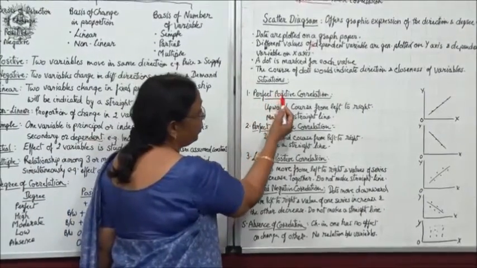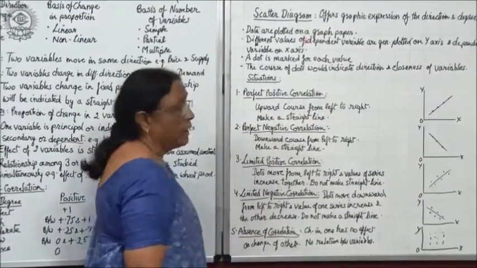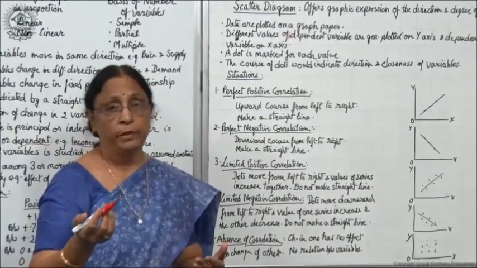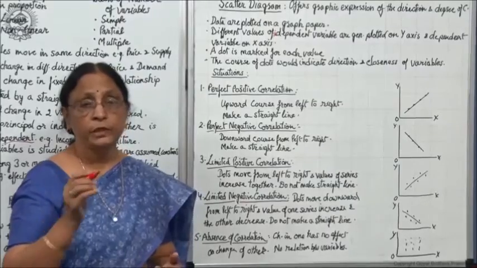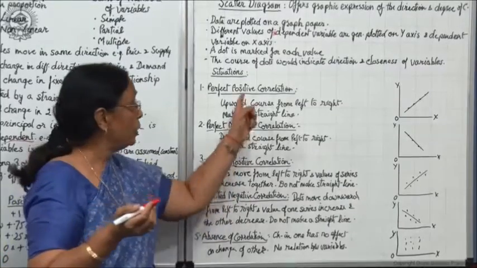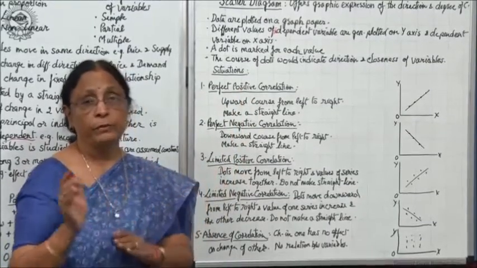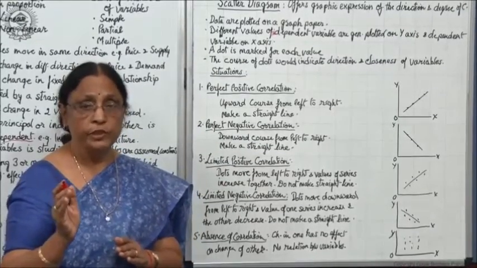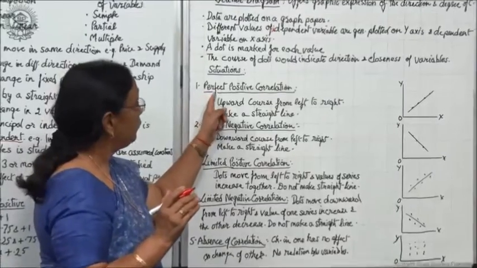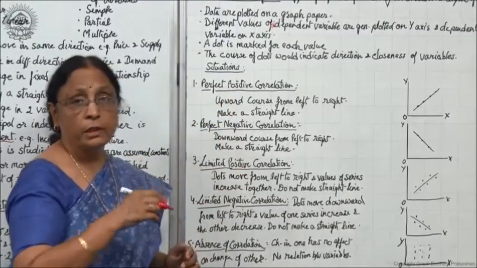First, perfect positive correlation. As the name shows, perfect positive. This means, as you hear the word positive, both the variables are moving in the same direction, and perfect positive means in the same ratio.